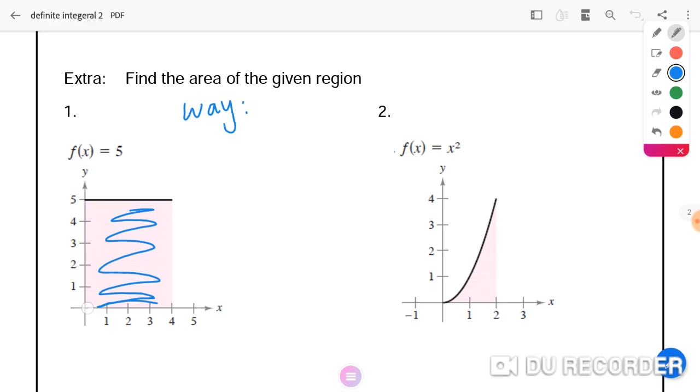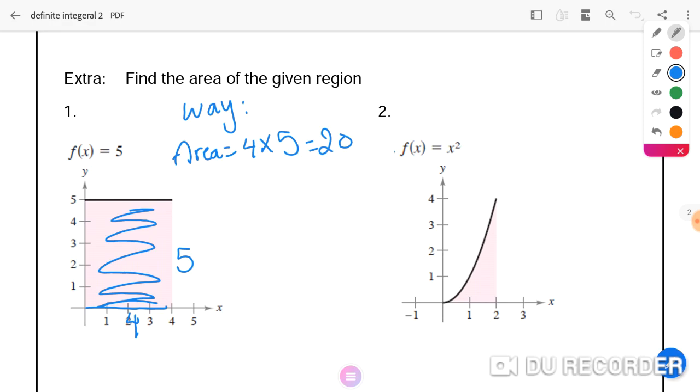It will be the length multiply with the width, 4 multiply 5, so the area will be 20 squared unit.